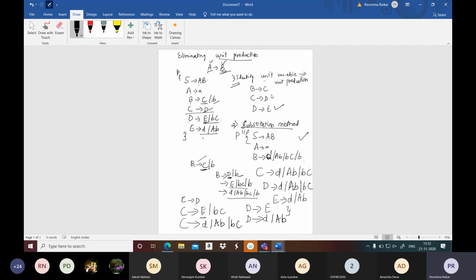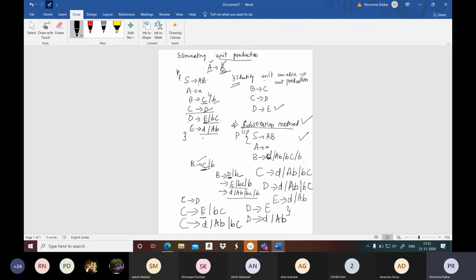So the first step is to identify unit variables. The second step is, by using the substitution method, go on eliminating unit productions. So this is how we go for elimination of unit production. Remember, if a question is given and you have an epsilon rule in that and they have asked you for elimination of unit production, then first you have to eliminate epsilon production, then go for unit production.